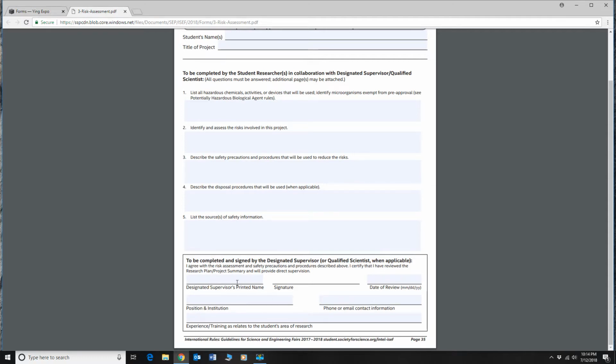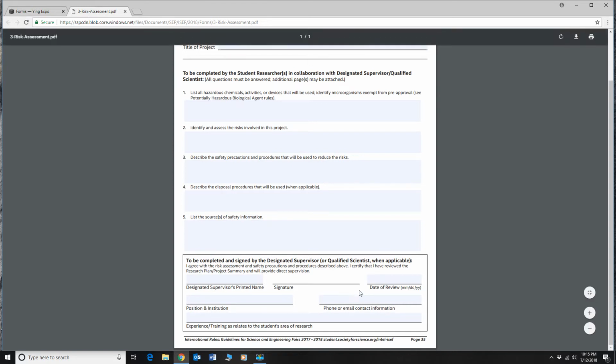It should be whoever is supervising that project, and maybe it is the teacher, but whoever is supervising that student is the one that's supposed to put their name and signature here, and the date they reviewed it. And again, there's that line: I agree with the risk assessment, safety precautions, procedures, and I certify that I have reviewed the research plan. So again, all these forms need research plans with them for these people to sign off on these forms.